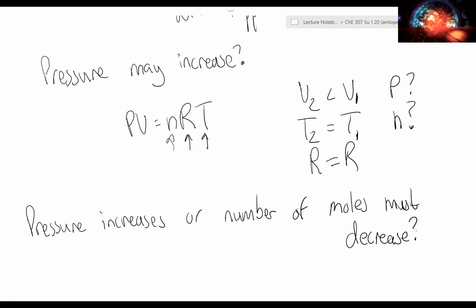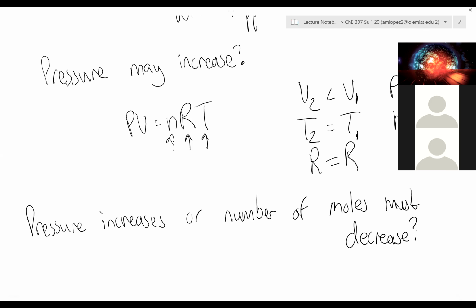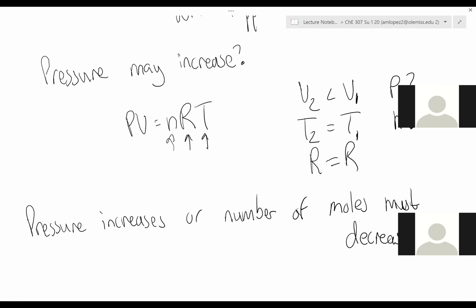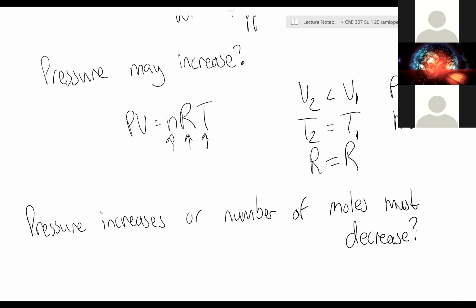So what do you guys think? Is it going to be pressure that's going to change, or the number of moles that's going to change? It'll be pressure. So I got to vote for pressure. One vote here. Anyone else vote for pressure? Mitch, you were on the fence earlier.